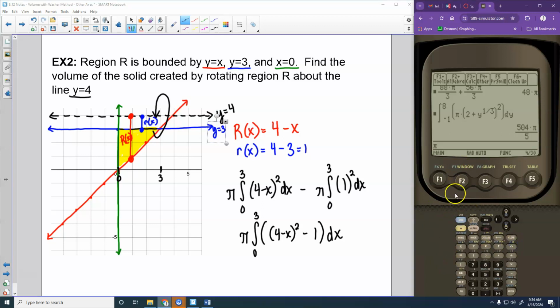I'll do pi integral of 4 minus x squared, all squared, minus 1 squared, if you want to put it, but you don't have to do that, comma x, comma 0, comma 3. And I'm getting 18 pi. Is that what you guys are getting?